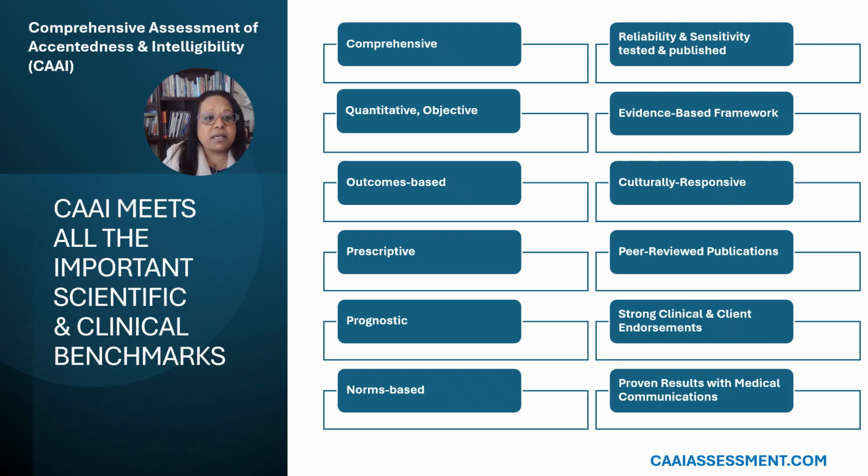So the testing is both for retest reliability as well as tester reliability, and also sensitivity, as in how sensitive is this test to pick up on accent-related communication issues and not anything else, and also how specific is it, to rule out interfering issues that we won't be working on for accent management. So this test has strong scores for all of these measures, and you are welcome to read those papers that will be on our website, caiassessment.com.